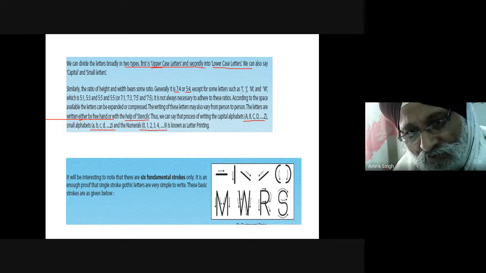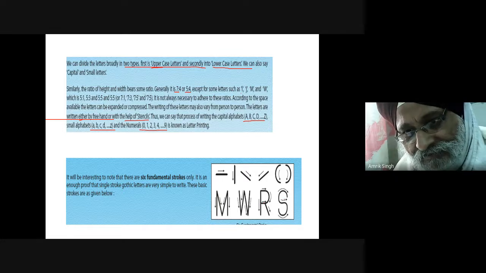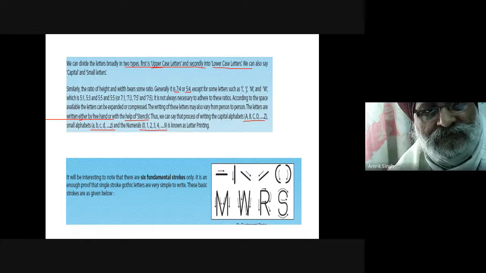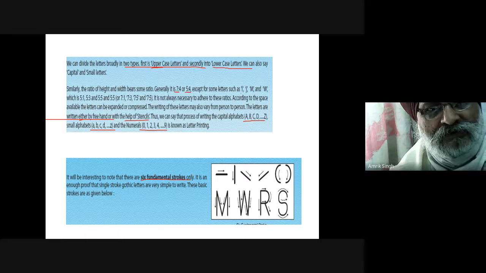Similarly for writing W, one stroke, second stroke, like this, third stroke and fourth stroke. Similarly for writing R, so down stroke, round like this, and then this like this. Similarly for S, first we will write like this, then like this, we will make it up to there, and then we will join this. Okay, so these are the six fundamental strokes which you will use for lettering.